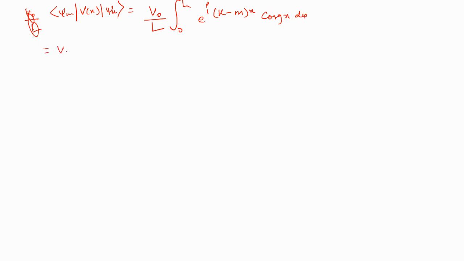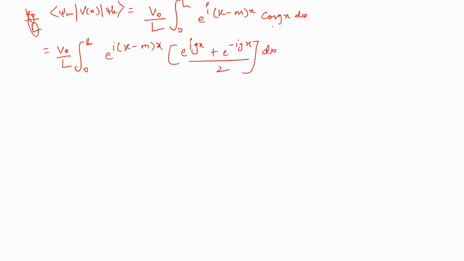Okay, and it will become V naught by L, 0 to L, e raised to the power iota k minus m x, times e raised to the power iota gx plus e raised to the power minus iota gx upon 2, right? I can write cos gx like this way, right?